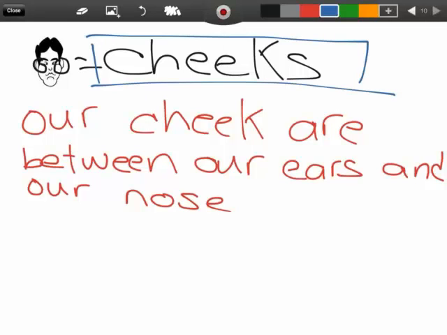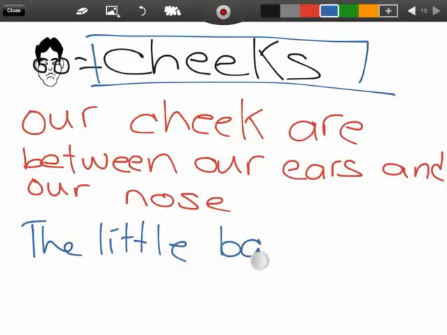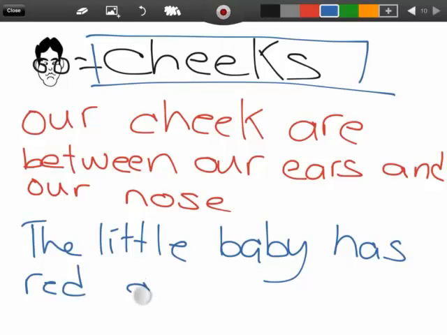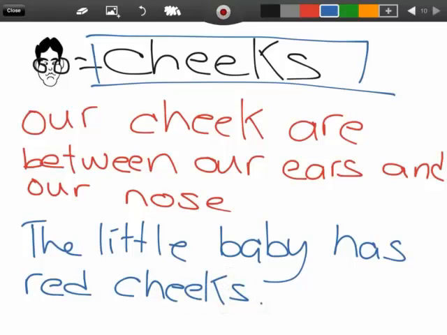It's called cheeks. I'm going to go ahead and use cheeks in a sentence so you could understand it much more clearly. Oops, sorry about that. I'm going to go ahead and read that for you. The little baby has red cheeks. Now I am going to be moving on to my other body parts.